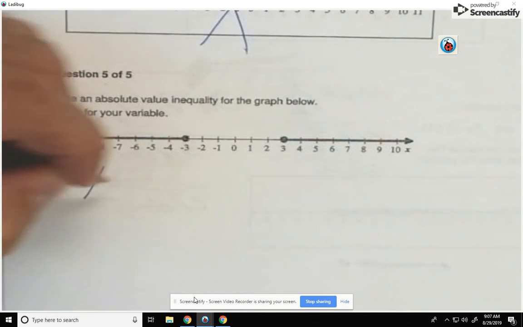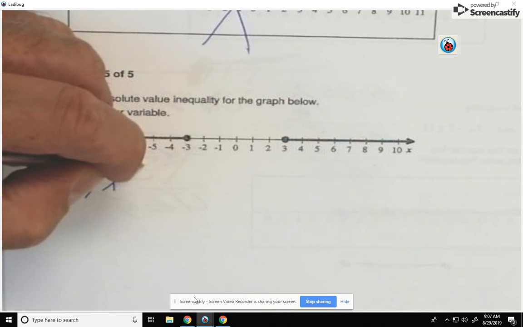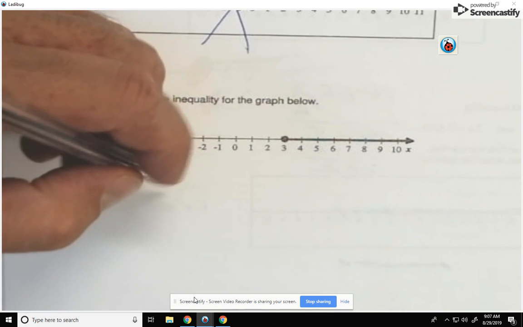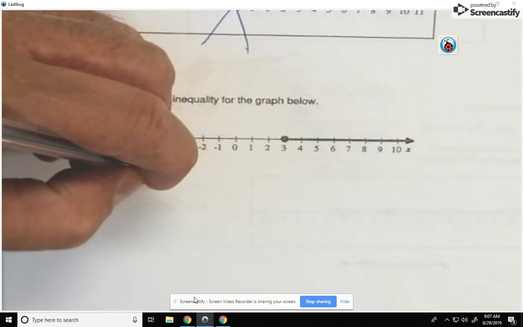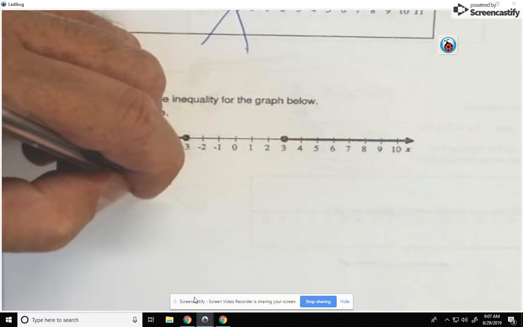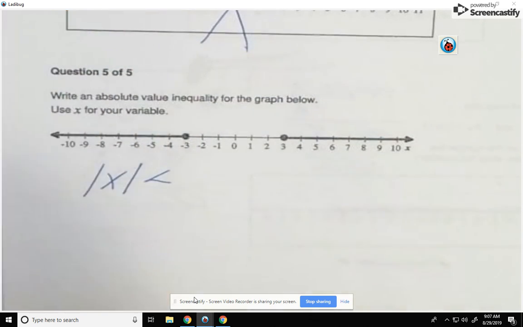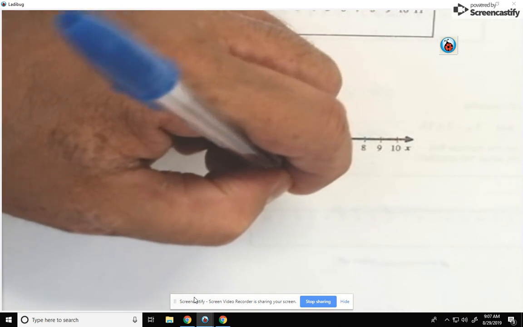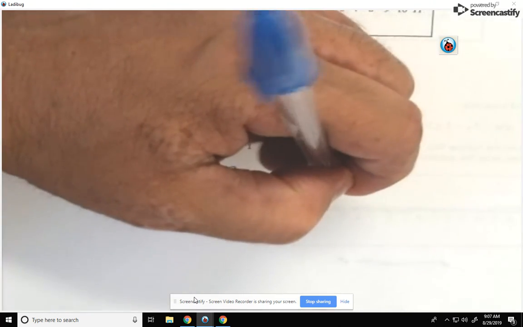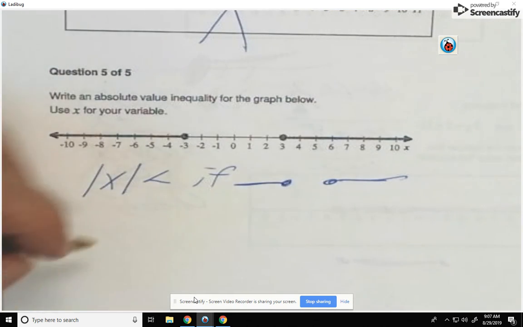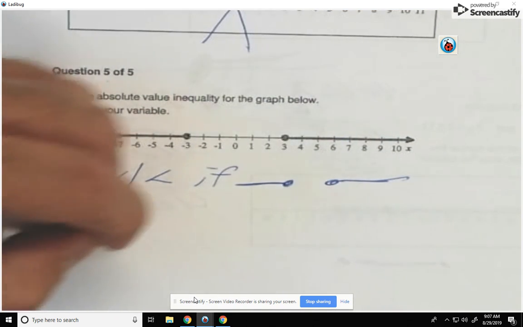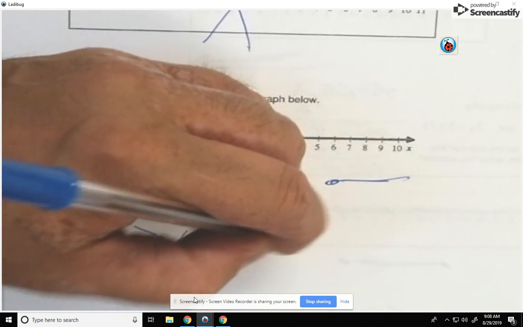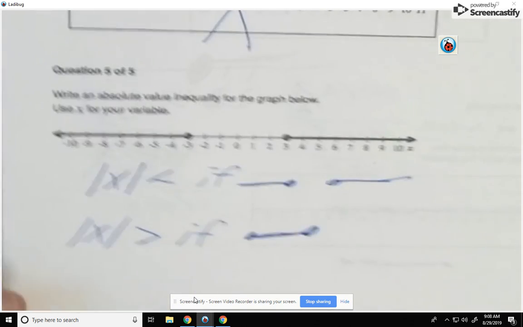Okay, just real quick, you're going to have the absolute value, and it will be the less than, your symbol is going to be pointing at your x if your shadings are going out from one another, which is actually what they're doing here, or it will be opening to your absolute value if you have the shading in the middle. Okay, so that's the 2 cases.